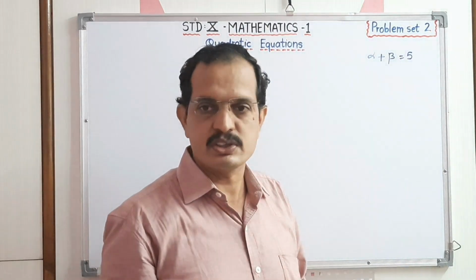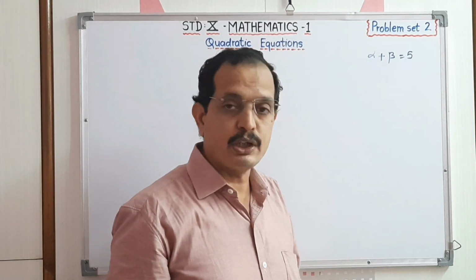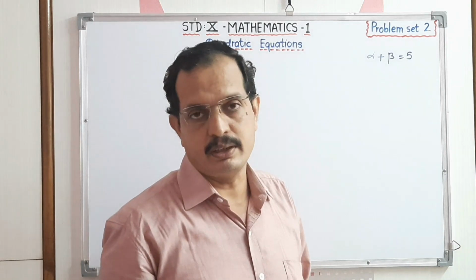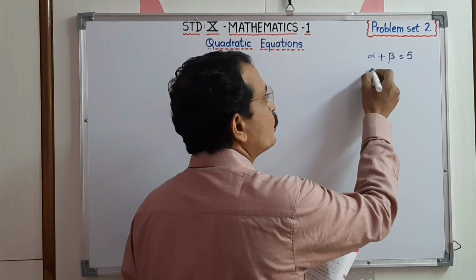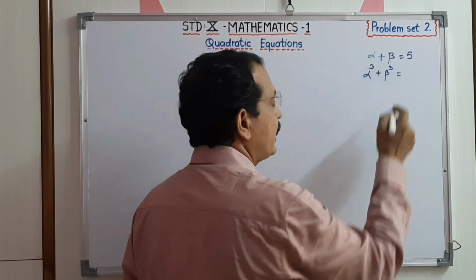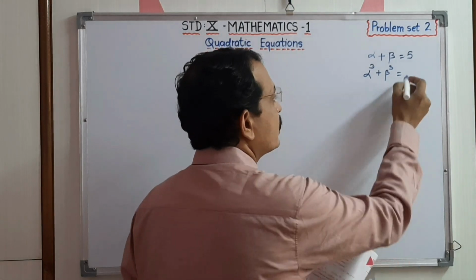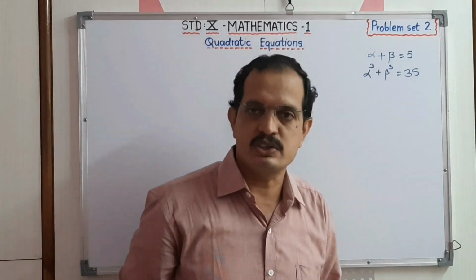This is the first information. And the second information is that the sum of their cubes is 35. That means alpha cube plus beta cube is equal to 35. Then find the equation.